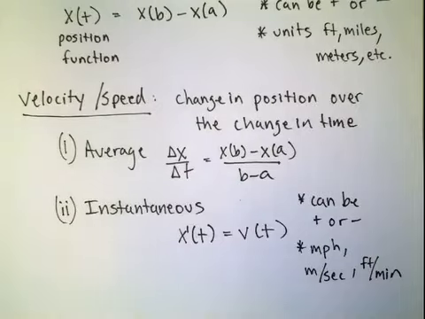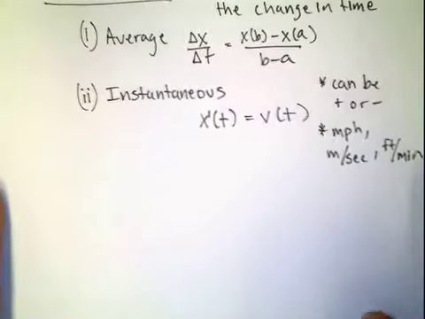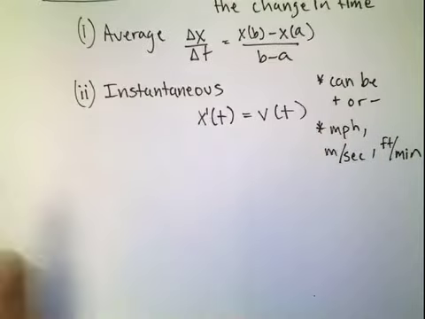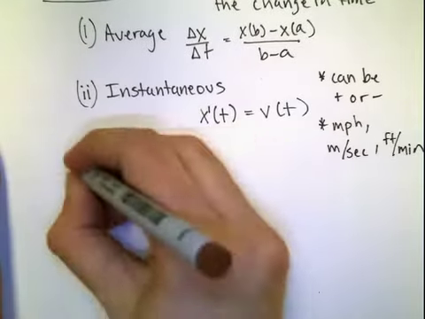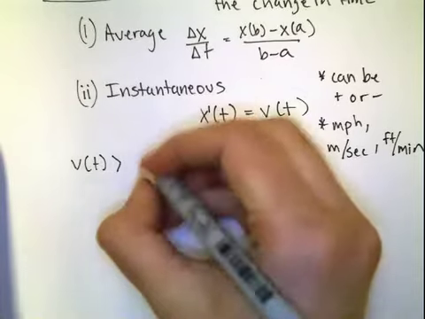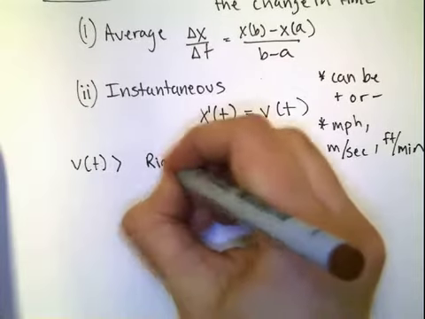Then we go one more step up and we get into acceleration. But before we write a note about acceleration, a couple more things about velocity. First of all, if velocity is greater than 0, positive, we know the particle is moving to the right or up.